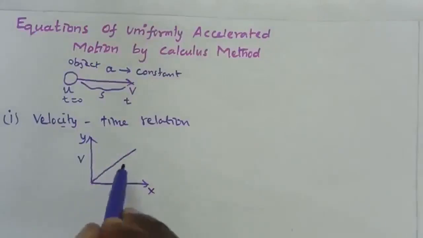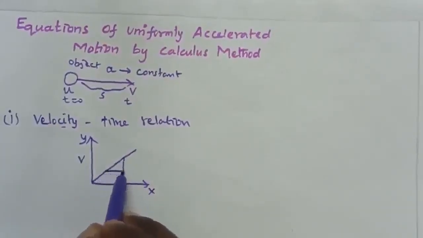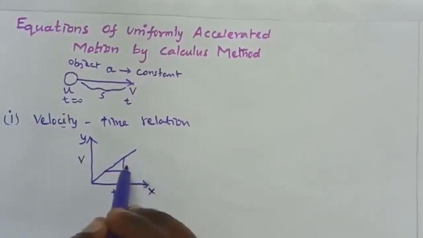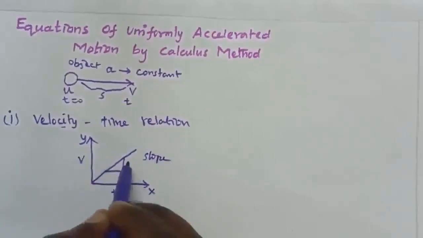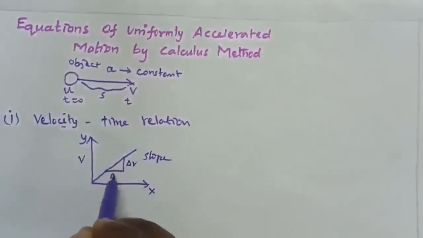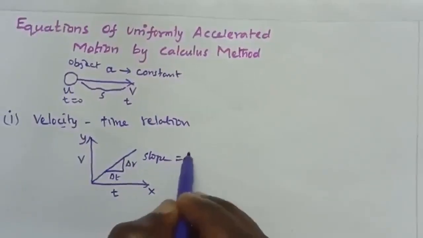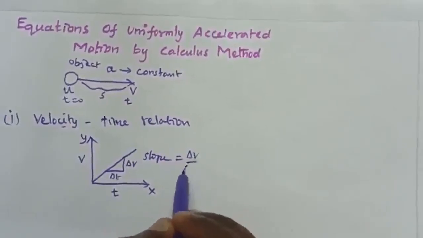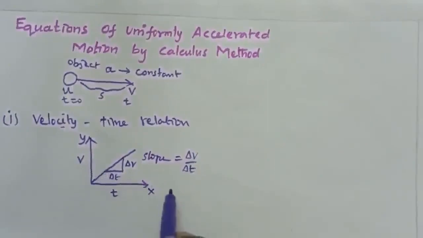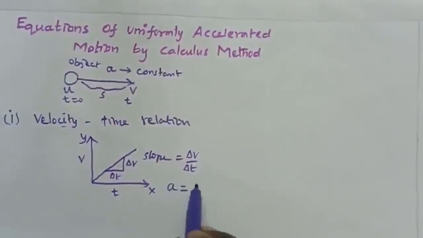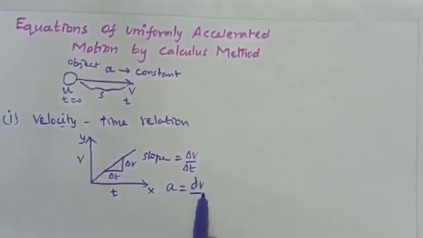Now calculate the slope. Draw the slope and calculate its value. Slope is equal to the change in velocity, delta v, with respect to time. Therefore slope is equal to delta v divided by delta t. This is the acceleration of the particle, a is equal to dv by dt.